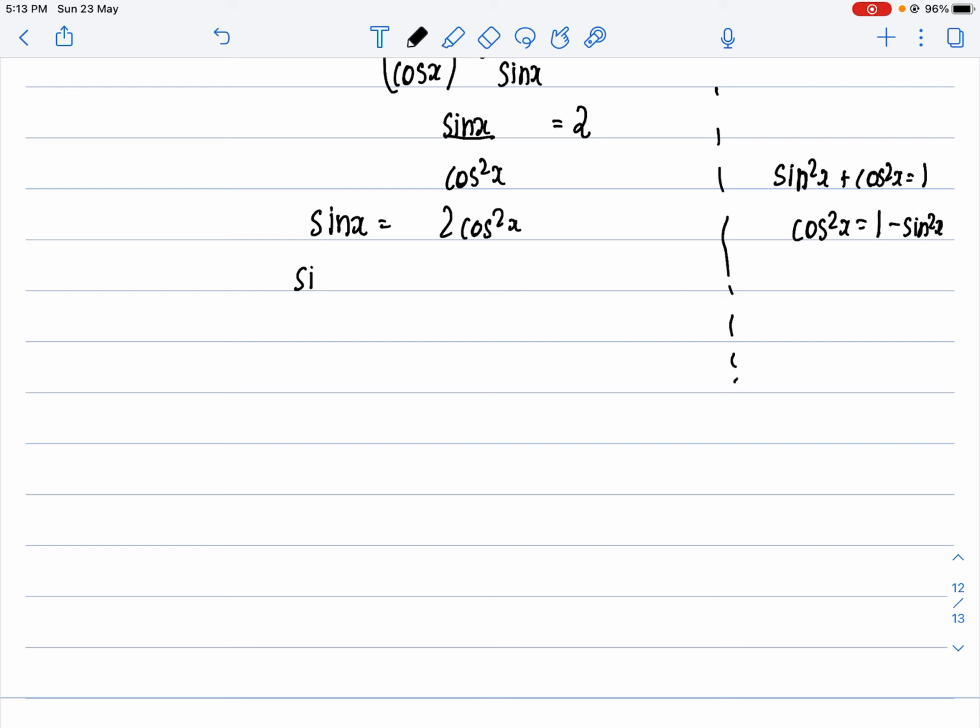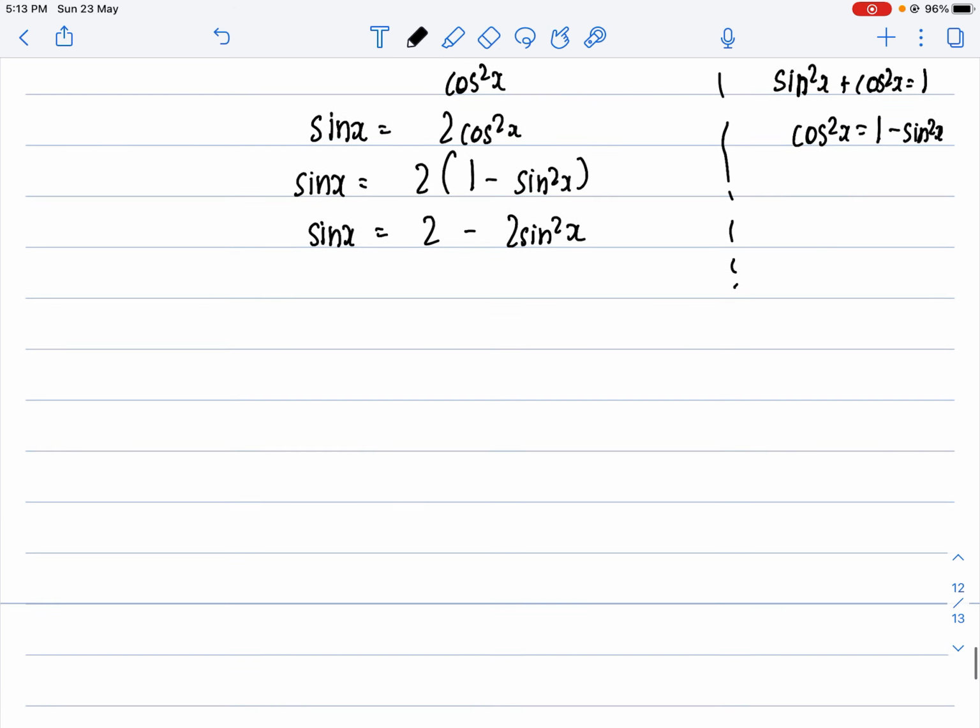So I can write sin x equals 2 into 1 minus sin square x, which is sin x equals 2 minus 2 sin square x. Finally I can write this as 2 sin square x plus sin x minus 2 equals 0.